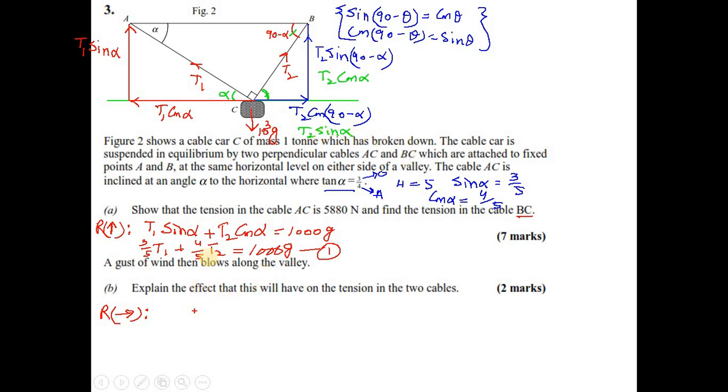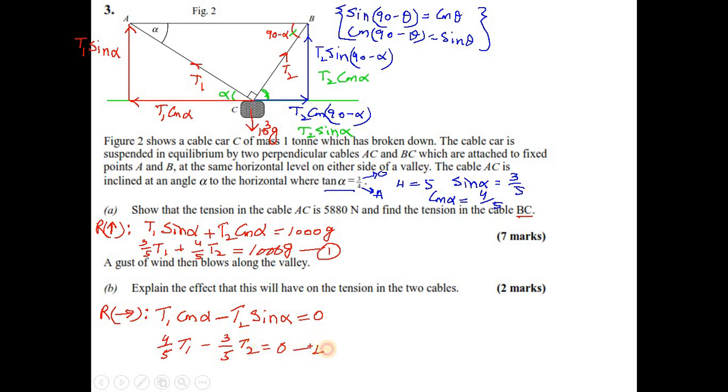Because the system is in equilibrium, T1 cos alpha is equal to T2 sine alpha, or the better way is T1 cos alpha minus T2 sine alpha is equal to 0. And then again you can substitute the values of sine alpha and cos alpha. So this is 4 by 5 T1 minus 3 by 5 T2 equal to 0.